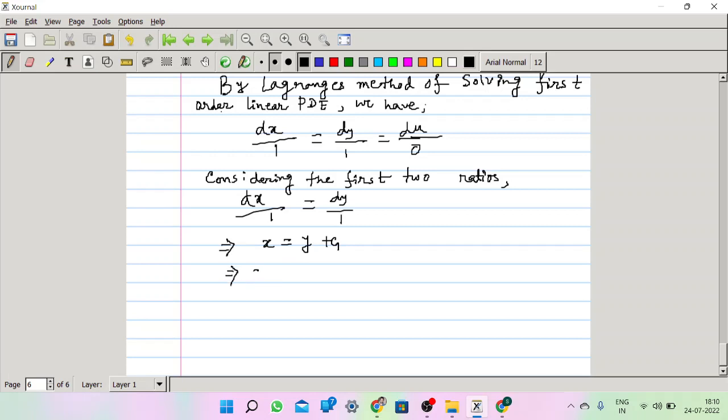So x minus y equal to c1, and now I consider the last two ratios.